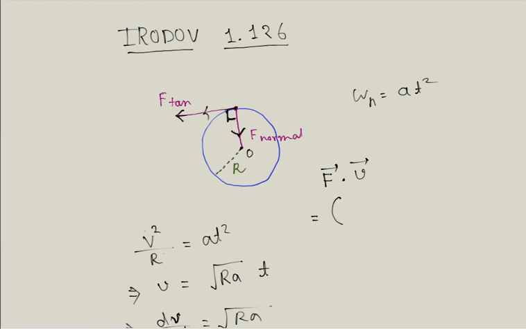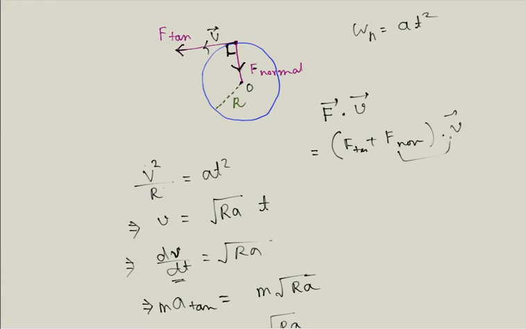The tangential force and the velocity vectors are directed towards the same direction, so the dot product of normal force and the velocity vector will be 0, so we can just simply write the tangential force here. Tangential force plus normal force dot product with v, so the dot product of these two terms will be 0, so the remaining term will be the product.